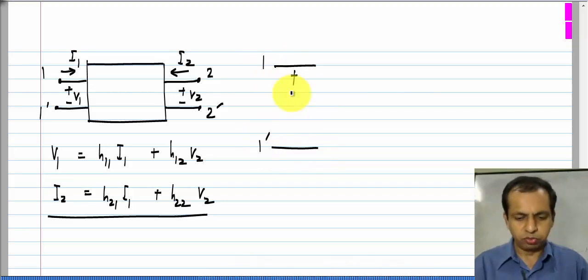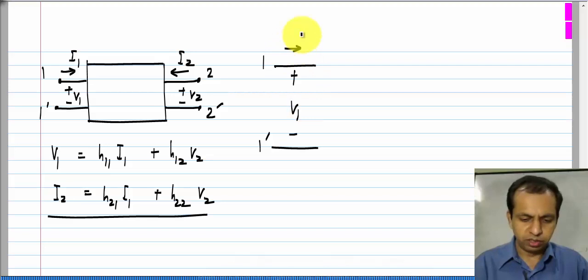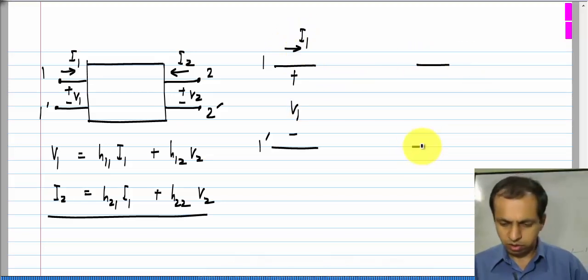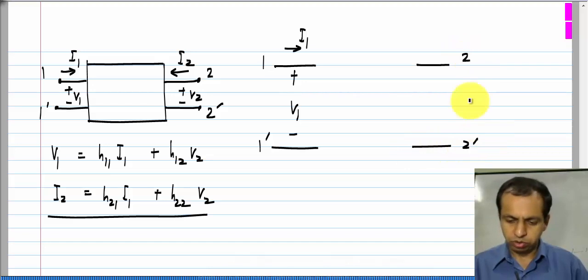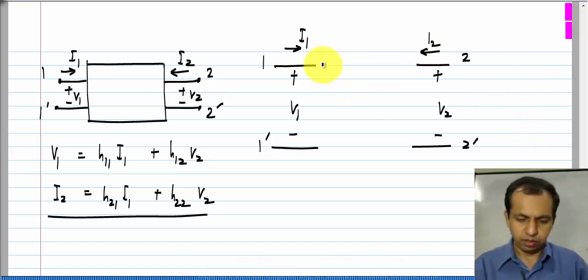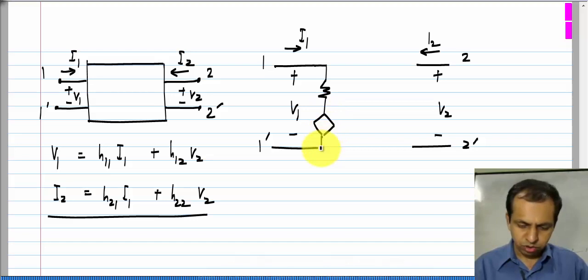So, let us say this is port 1 with V 1 across it and I 1 through it, and this is port 2 with V 2 across it and I 2 through it. So, V 1 is a sum of these 2 drops.